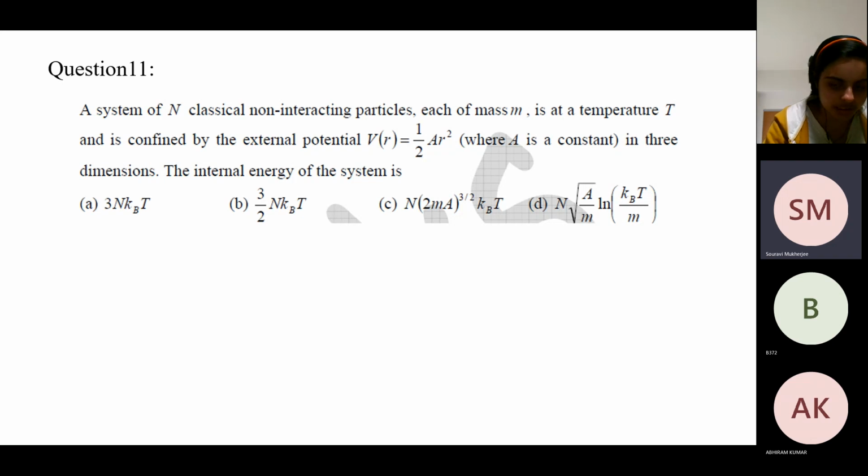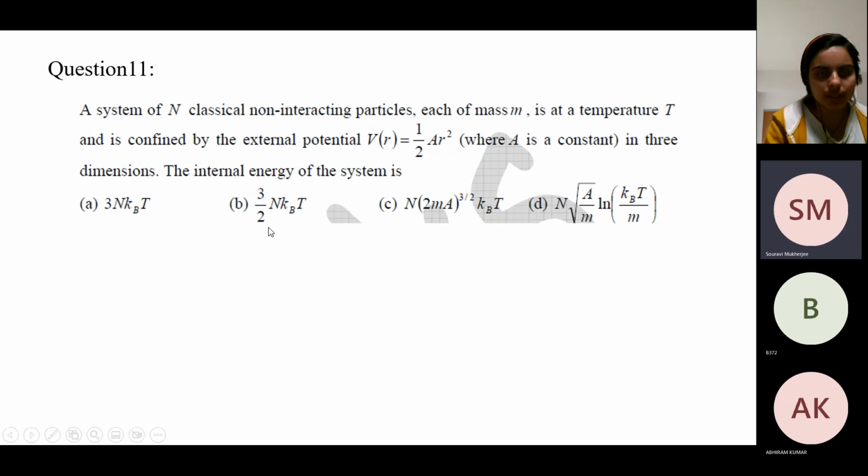Half kT plus half kT, it's kT in one dimension. Now you have 3D, x, y, and z, three dimensions. So for one particle, it should be 3 kT. And there are n such particles, so it should be 3n kT. So the answer is A.